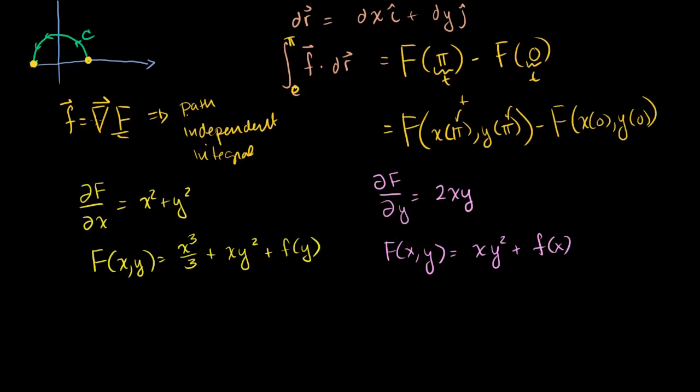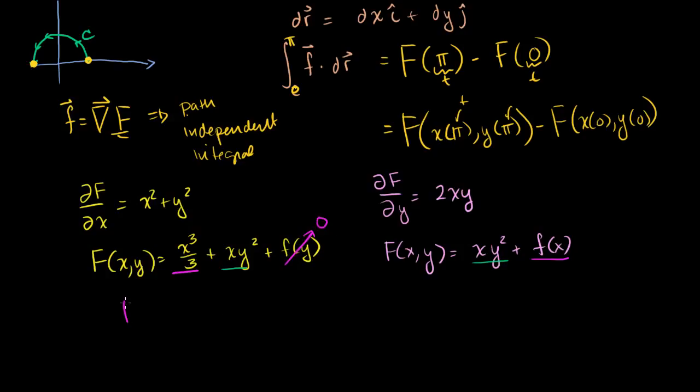Now, we did this in the last video. These two things have to be the same thing in order for the gradient of capital F to be lowercase f. And we have xy squared, xy squared. We have a function purely of x. And then we don't have a function purely of y here, so this thing right here must be 0.